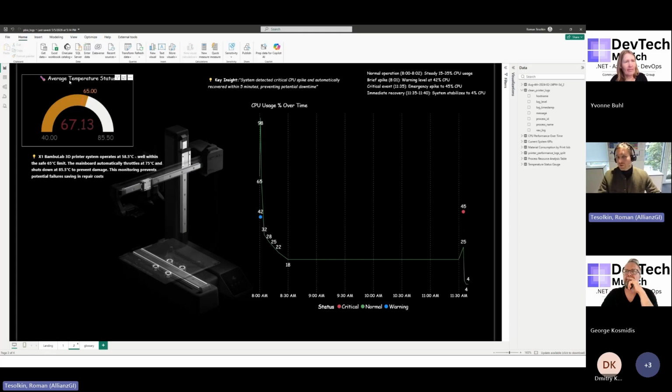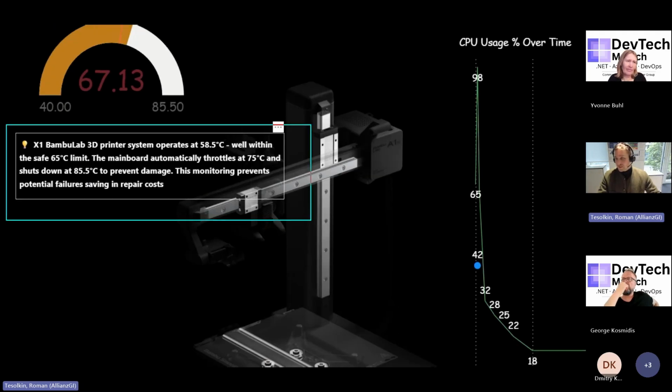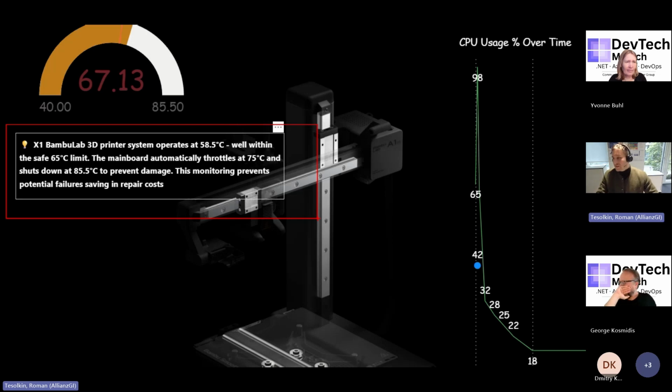But let's see, also important is the temperature status to monitor, because the optimized temperature is around 60 degrees, and is it safe? Yeah, from 58.5 to a 65 limit. And then if I see that something stopped, the main board automatically throttles, for example, at 75 degrees and shuts down at 85.5. So it prevents self-damage.